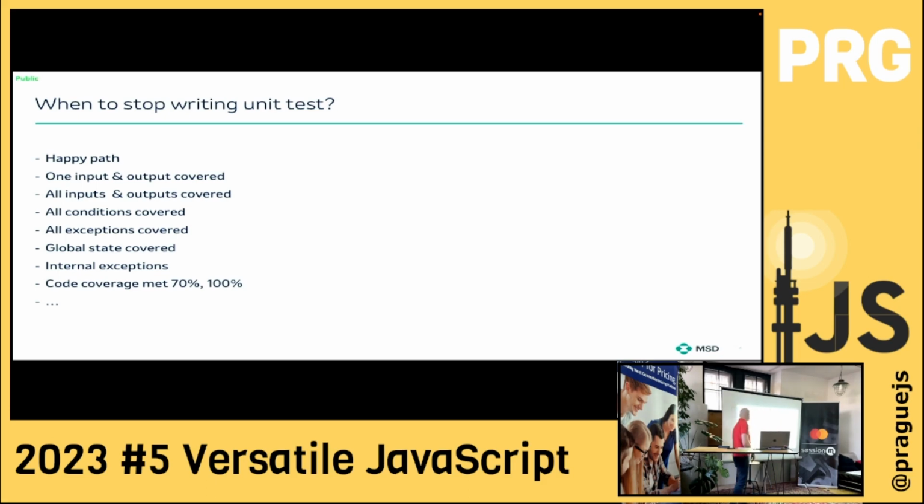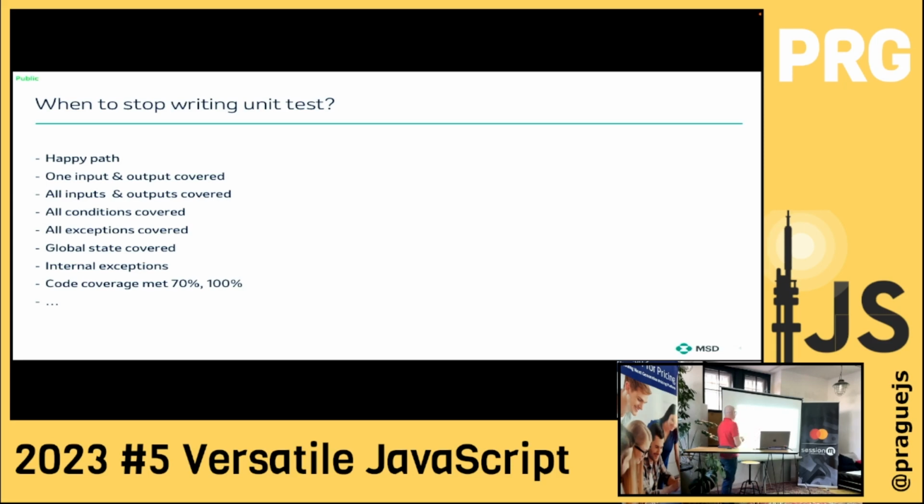What I usually struggle with, or not me, but a lot of mentees, is when they need to write a unit test, what they need to test. Usually they just figure out, okay, happy path, maybe one input, output, and how do they decide that this is the end, I cover the functionality?